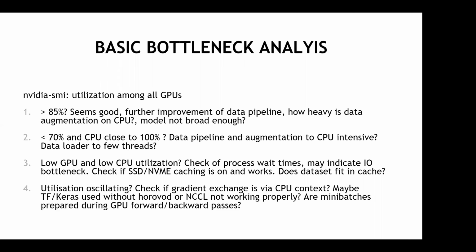It's a fairly basic command, but it already gets you to a good place. So typically when I reach more than 85%, I say, okay, that's kind of good. Some fine tuning might apply. That's already good, but you don't need to think about it too much.